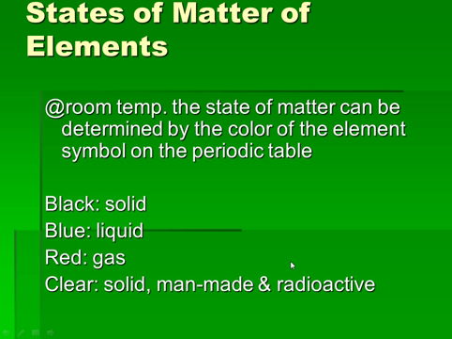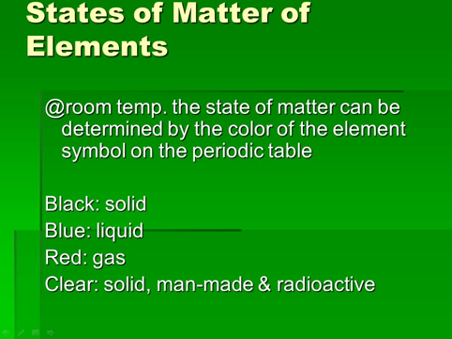Now, on my periodic table, you'll see that there are some elements that are clear. They're not colored in. There's one right in the middle, number 43, technetium. And then down at the bottom, you see a bunch of elements, number 61, and then number 93 through 103.